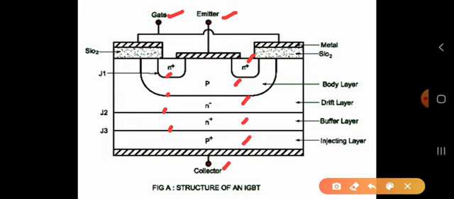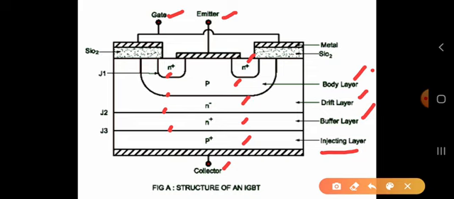On the collector side, we see one extra P plus layer, which is called the injecting layer. This injecting layer is created, and N plus is the buffer layer. This is the extra addition, and the remaining layers we have already seen in the previous structure of the MOSFET: the drift layer, the body layer and the N plus layer.